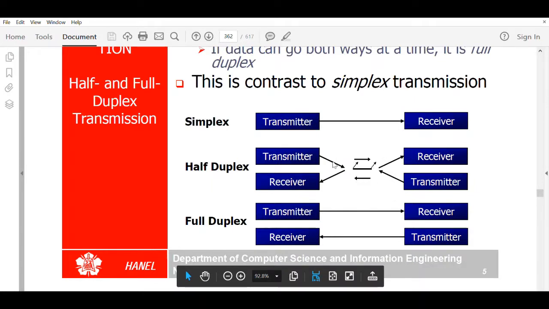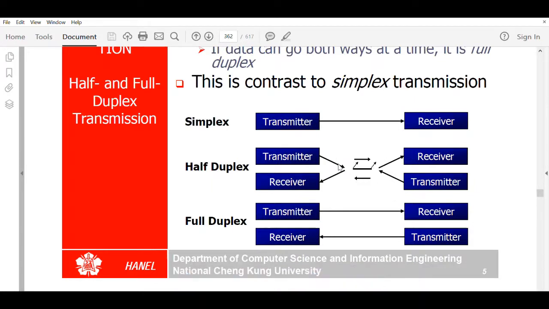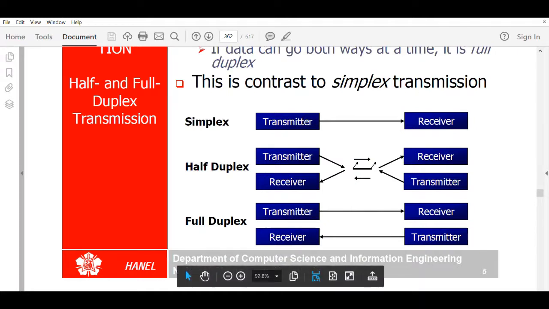At a time, it can transmit only one way. It can transmit in two ways, but not at the same time. But in full duplex, it can transmit in either way at the same time. Simplex is where there is only one way of transmission. You cannot transmit the other way. Normally we make use of half duplex and full duplex in serial communication.